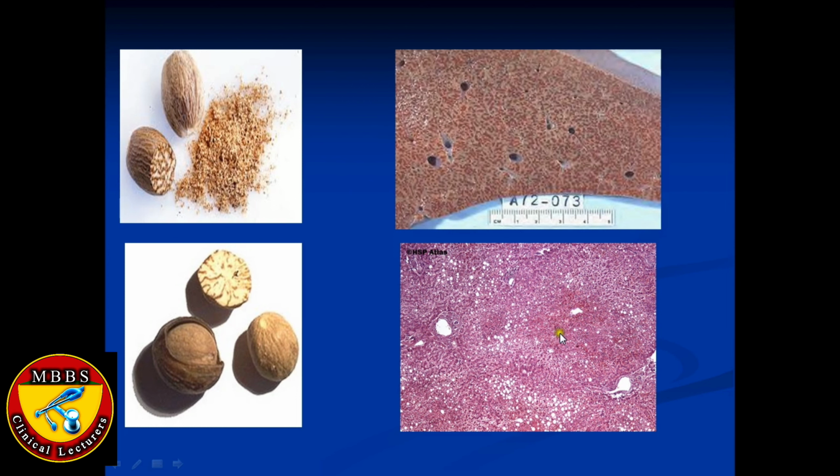This type of picture is known as nutmeg liver. This is the gross appearance and this is the microscopic appearance. This is the central vein.